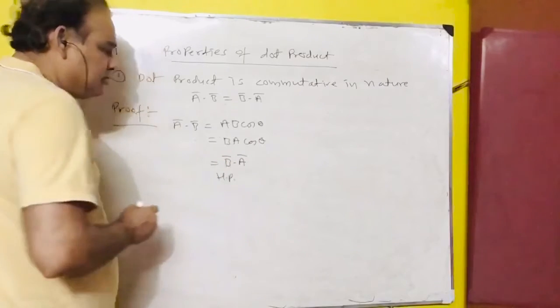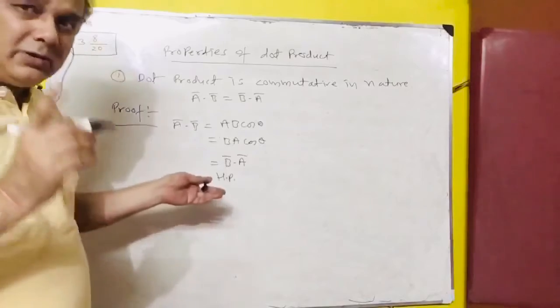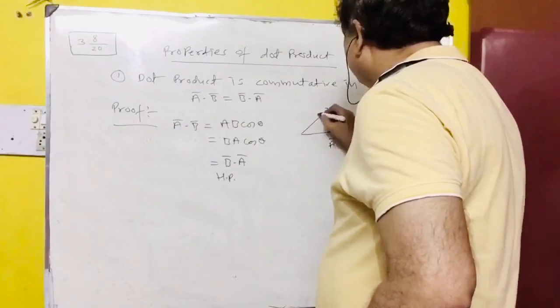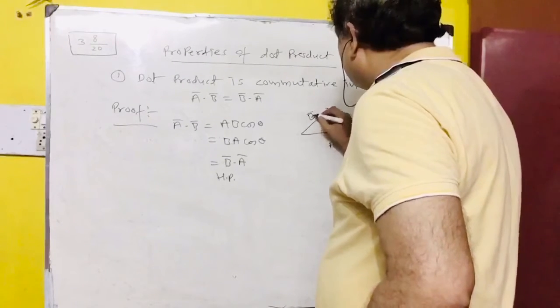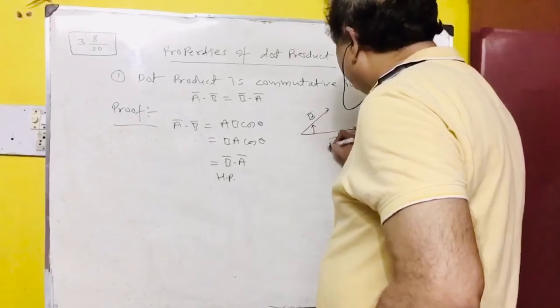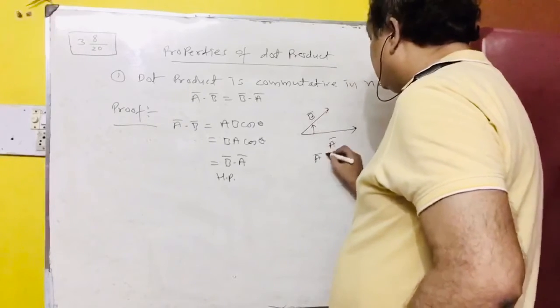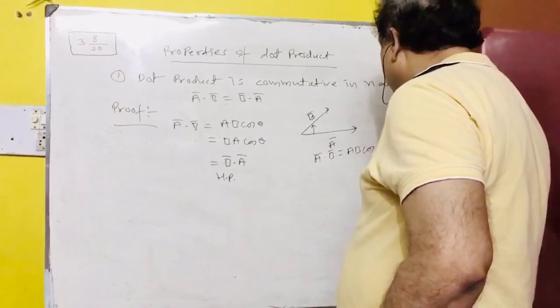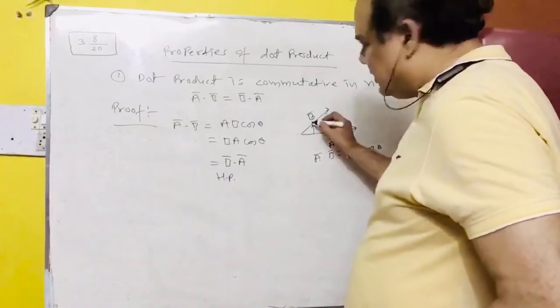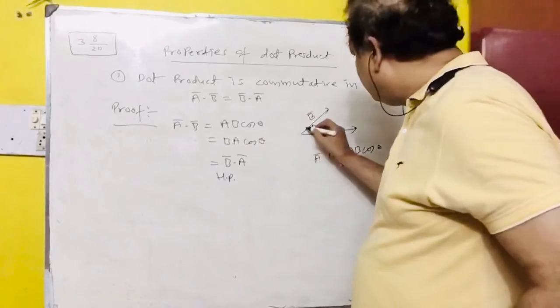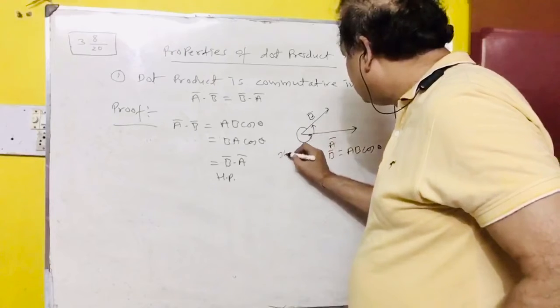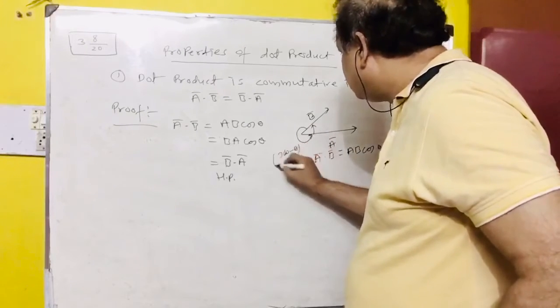Hence, तो देखो एक और बात बताता हूँ. This is a vector and this is b vector, and this is a vector dot b vector. So a vector dot b vector is ab cos theta. But suppose you are taking b to a, so b to a ये वाला एंगल है, and this angle is 360 minus theta.